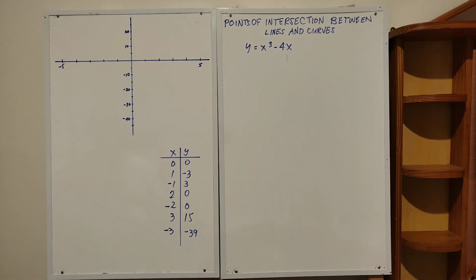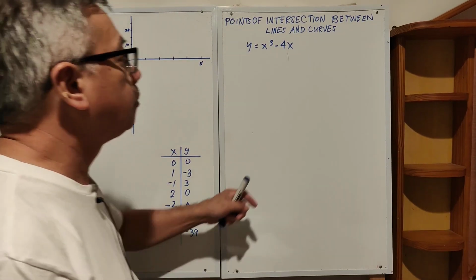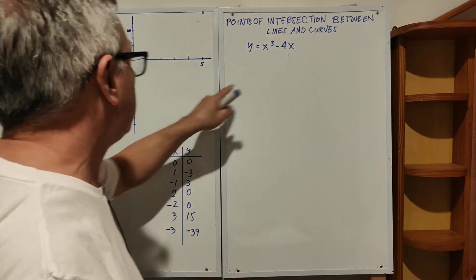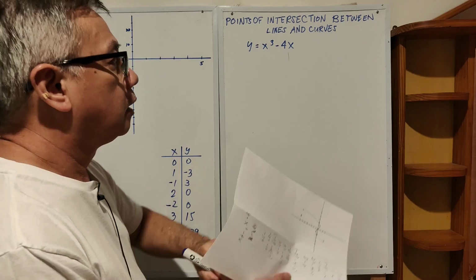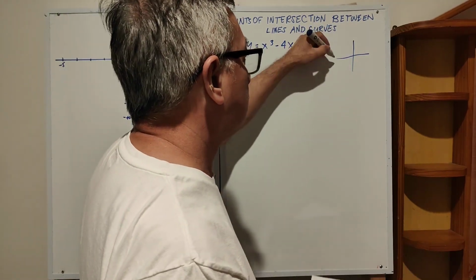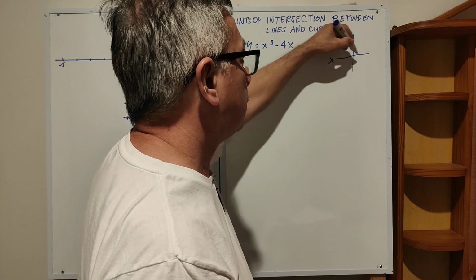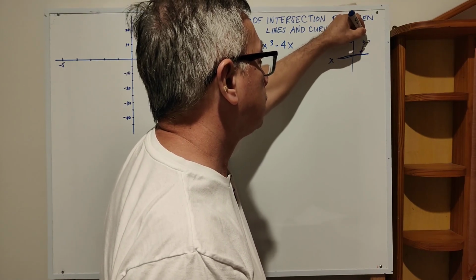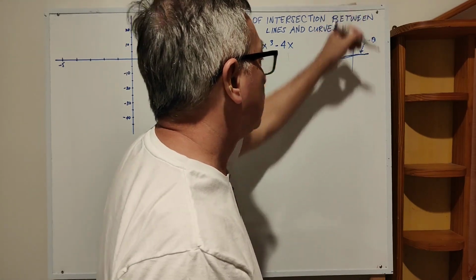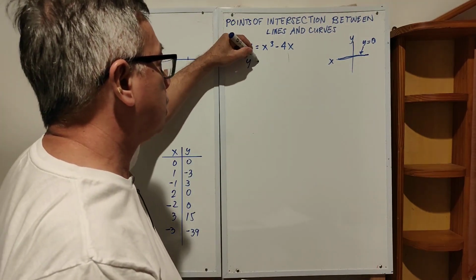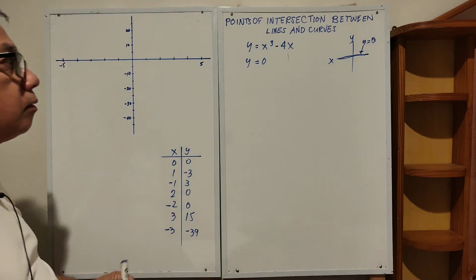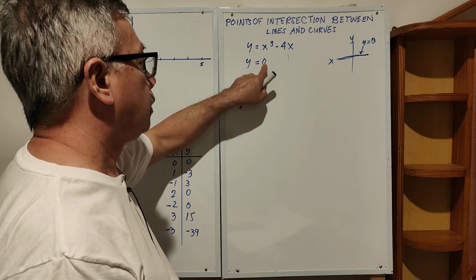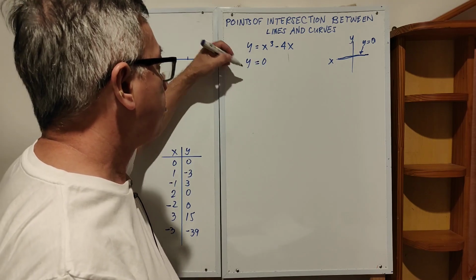Here's another example. We want to know the points of intersection of this curve with the x-axis. Again, this is your x-axis, this is your y. If your line is along the x-axis, this is y is equal to 0. So y is equal to this one and y is equal to 0, so you can replace 0 into y.